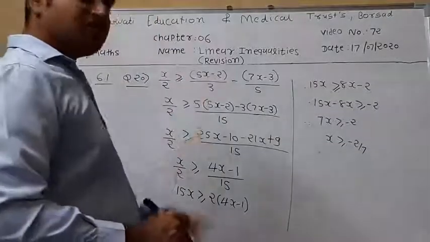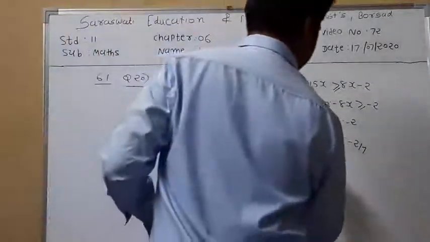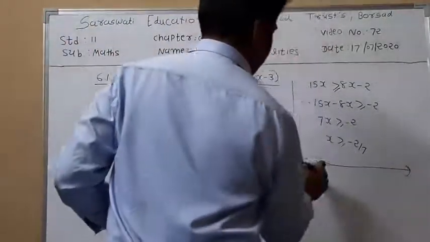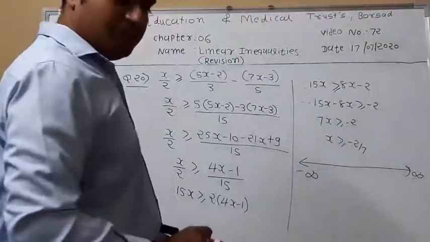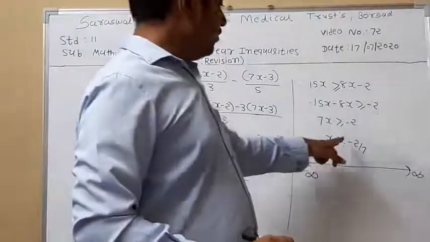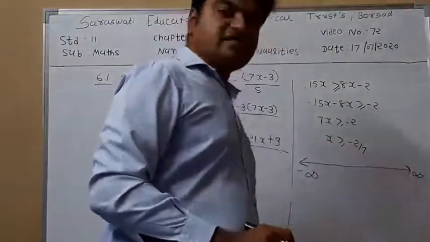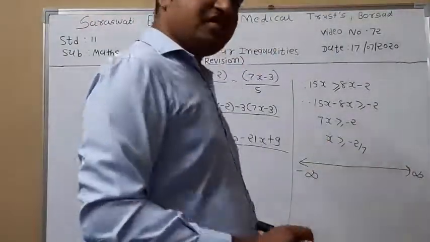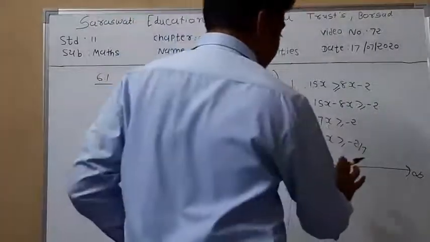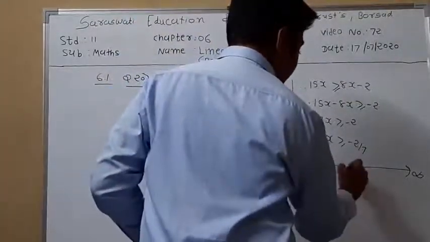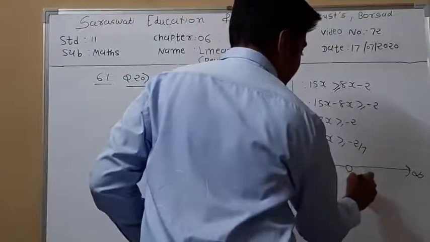Now how can minus 2 by 7 be represented? Draw a number line, write minus infinity here and infinity here. The arrow is going to the right side, so our shaded portion is on the right side. Now minus 2 by 7 we can write at any place on the number line, so here we write minus 2 by 7.